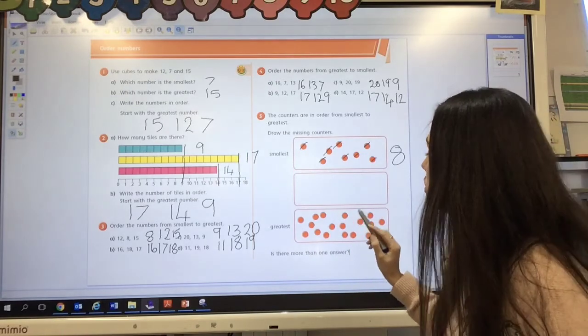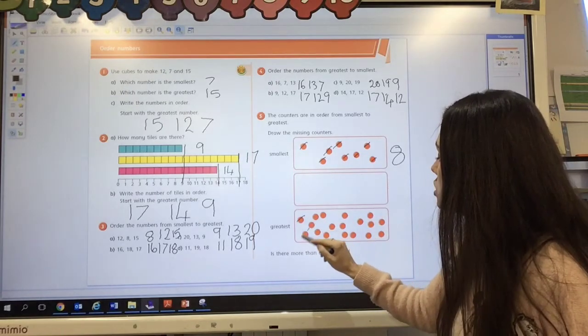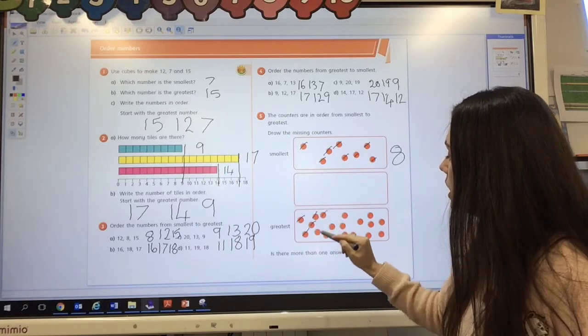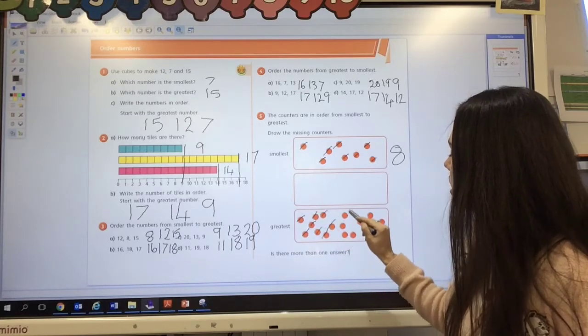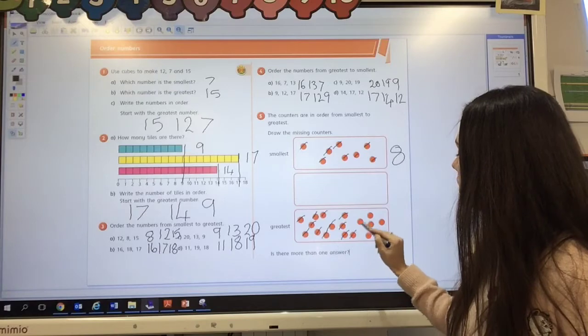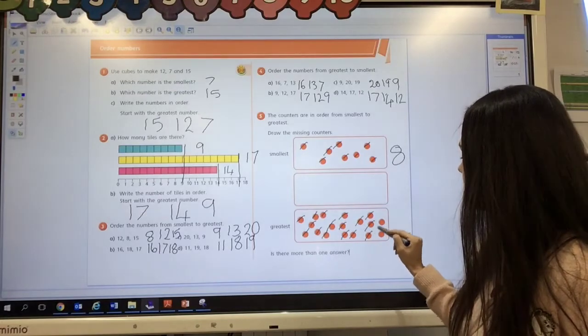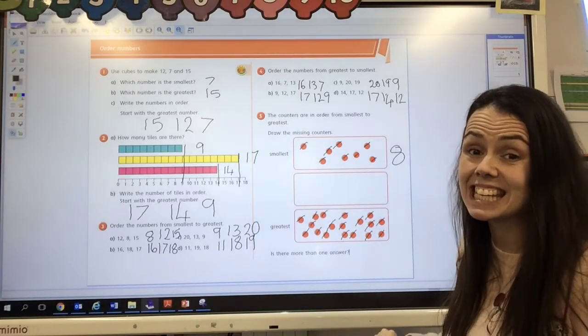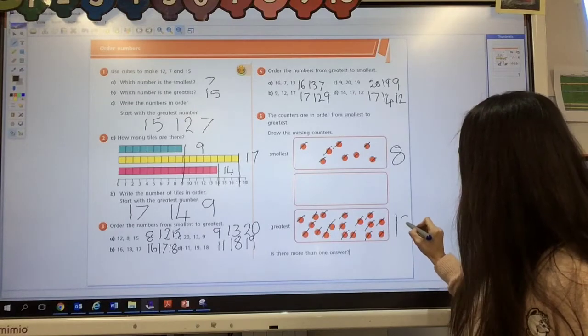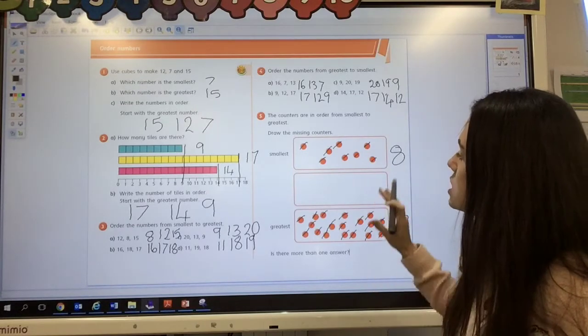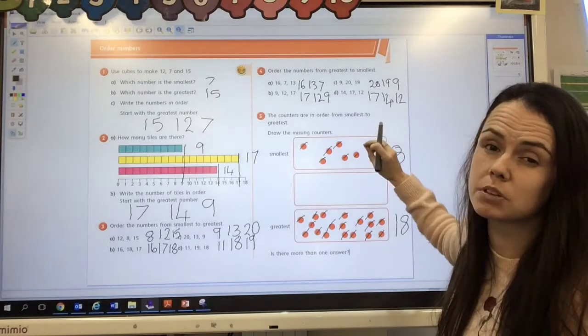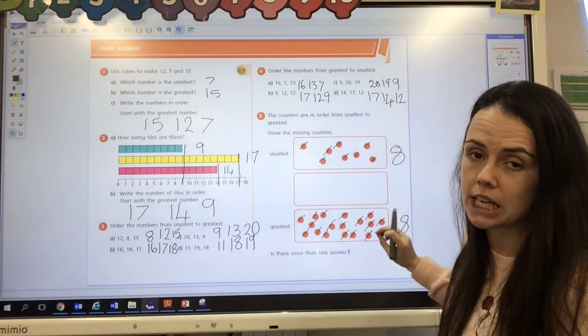So we're going to make sure that we count them all. 1, 2, 3, 4, 5, 6, 7, 8, 9, 10, 11, 12, 13, 14, 15, 16, 17, 18. 18 here. So our smallest number is 8 and our biggest number is 18.